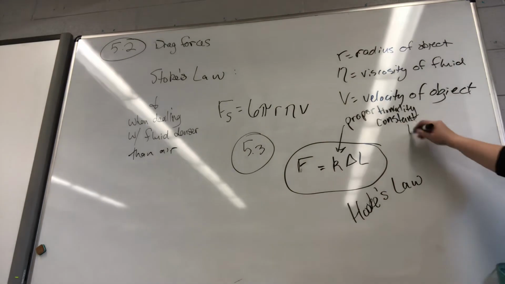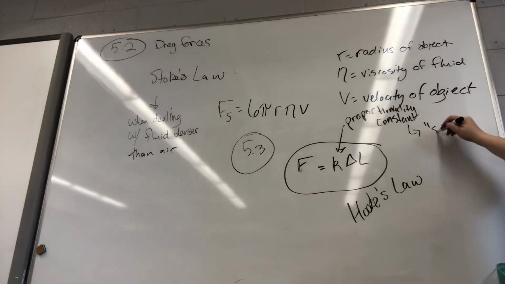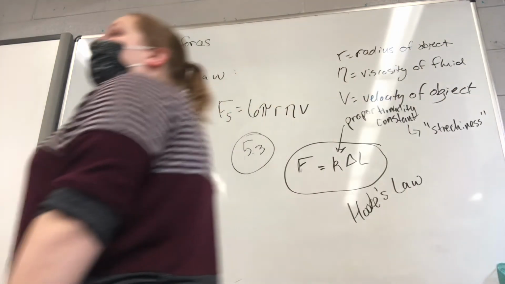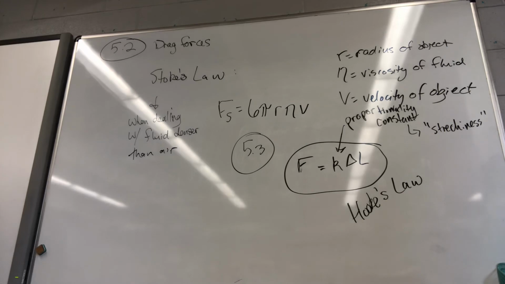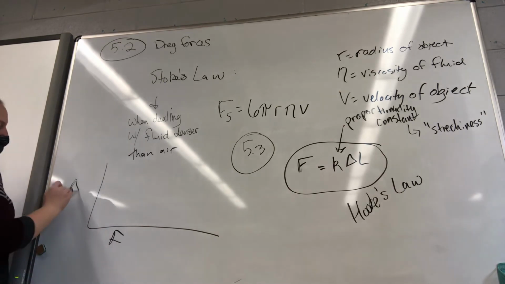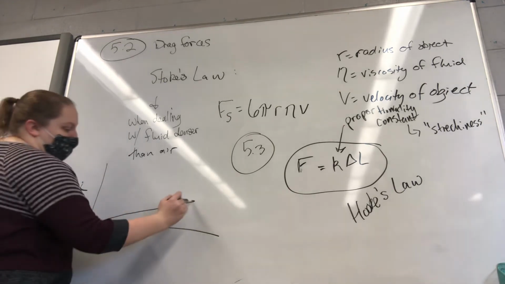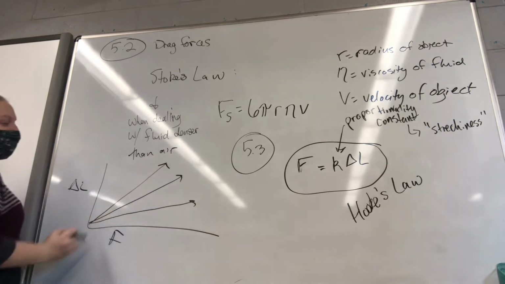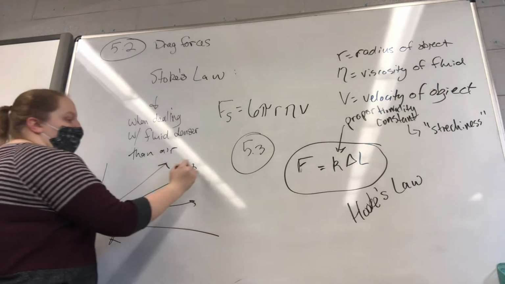We can use proportionality constants to describe stretchiness. I don't think I'm spelling that right, but your proportionality constant gives you an idea of how stretchy something is. And we talked about the graphs with this. K is the slope of the line.